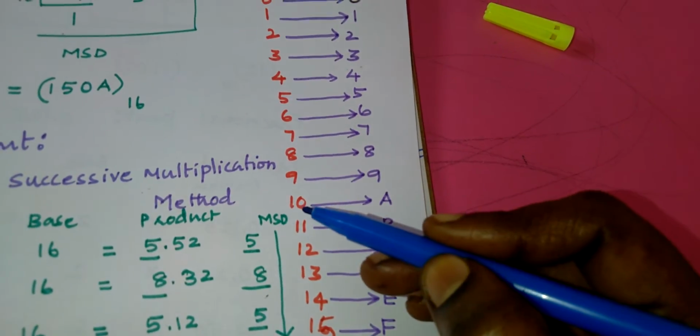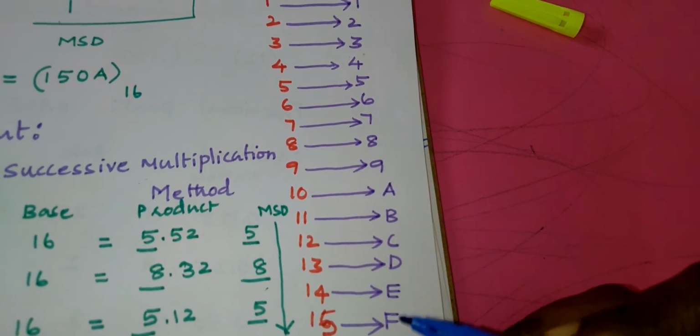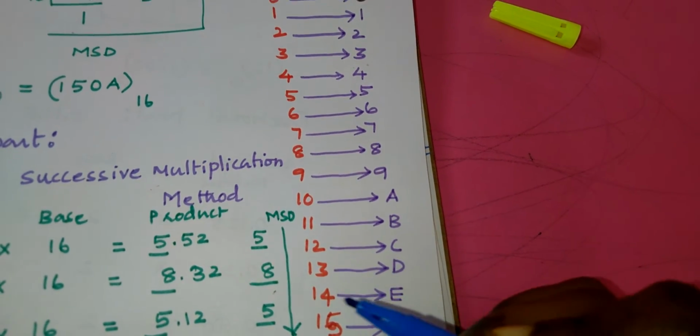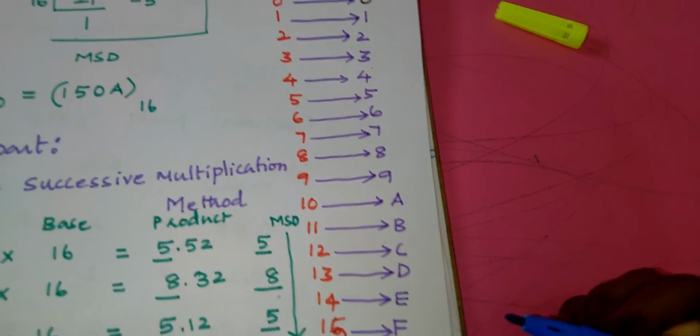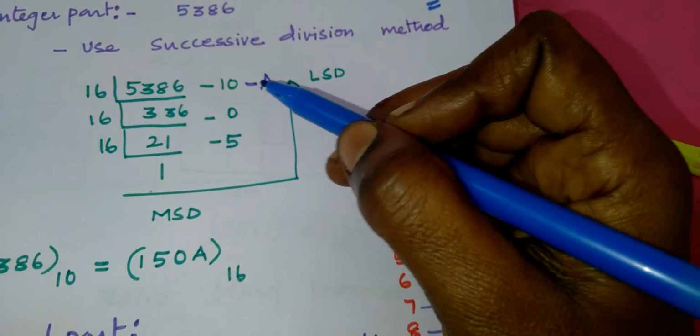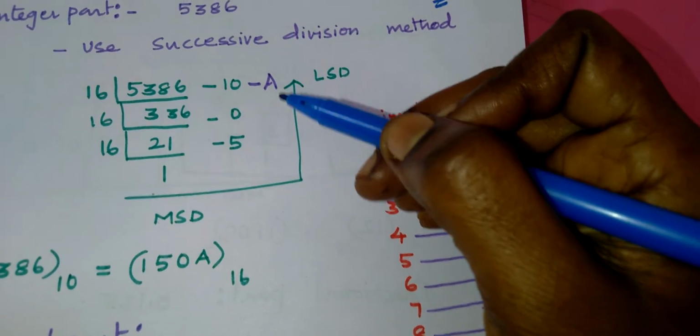So here we got 10, which will be represented in hexadecimal as A.